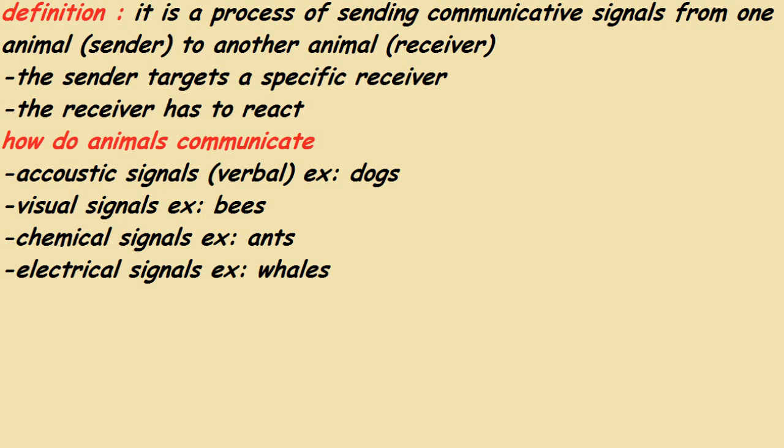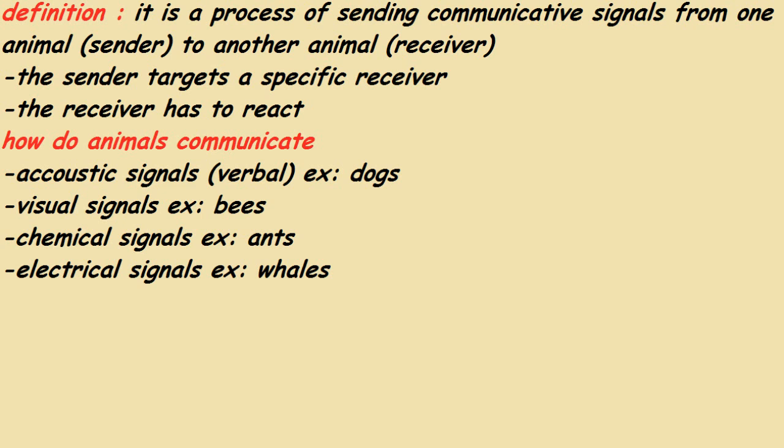It is not necessary to have only one animal trying to communicate, but you can have a group trying to communicate with another group or with another animal. The sender targets a specific receiver, which means if a dog is trying to communicate, it would target another dog and not a cat. A dog cannot communicate with a cat. This is universal, and you have to know that.